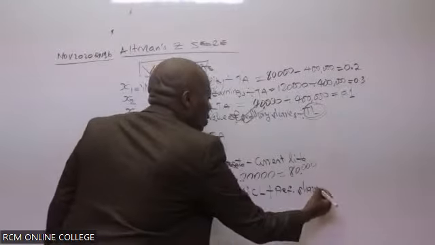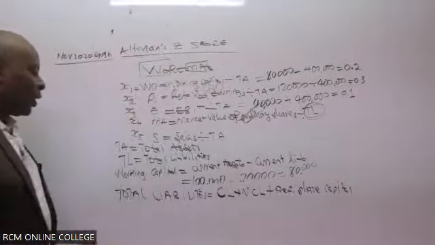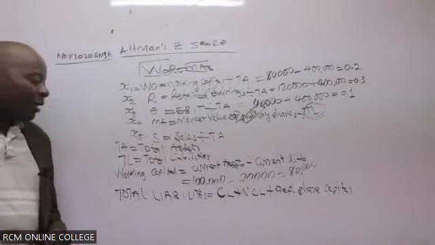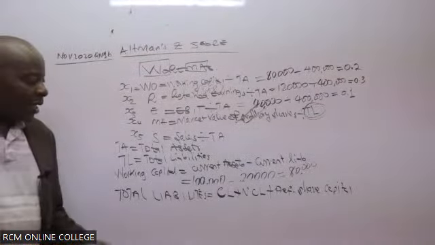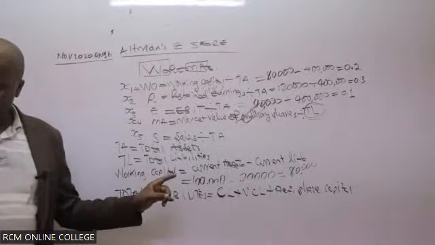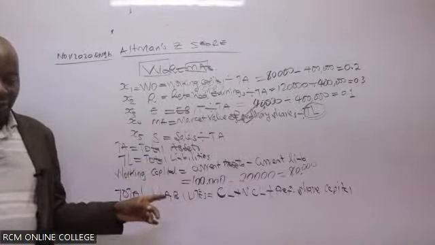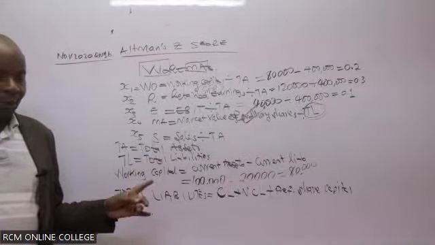Anytime they want you to get the total liabilities, we normally take the current liabilities plus any non-current liabilities plus preference share capital.